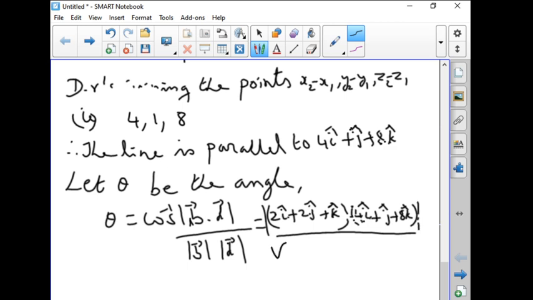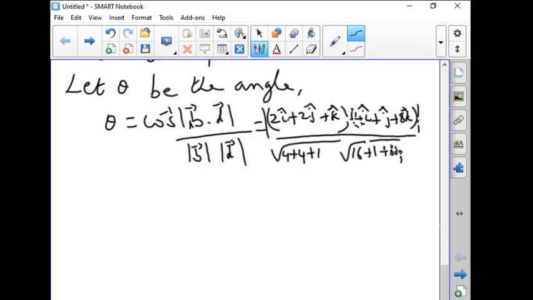So what is modulus of b vector? 2 square 4 plus 2 square 4 plus 1 square is 1, into square root of 4 square 16 plus 1 square is 1 plus 8 square is 64.